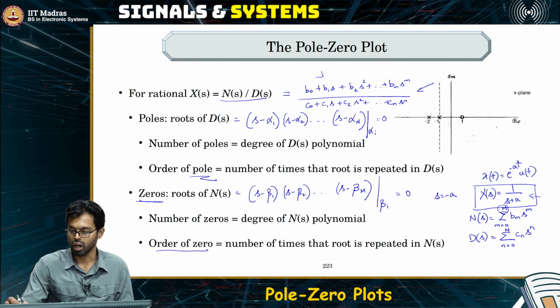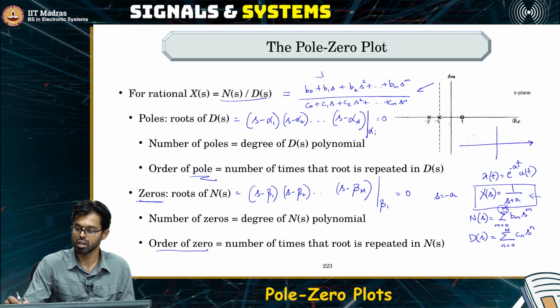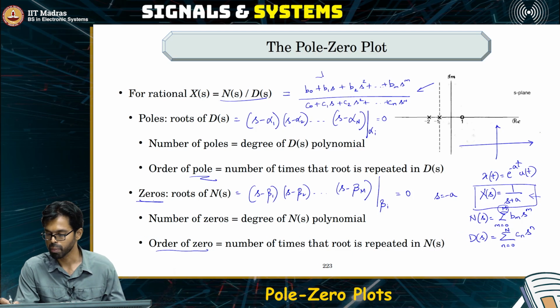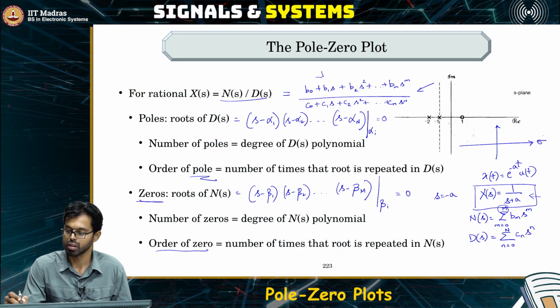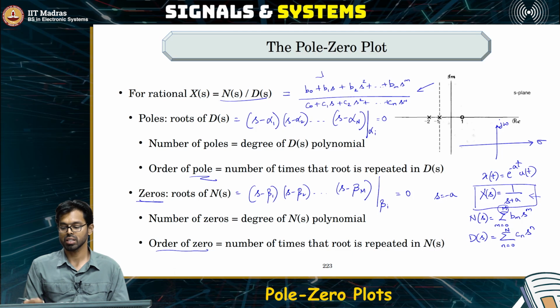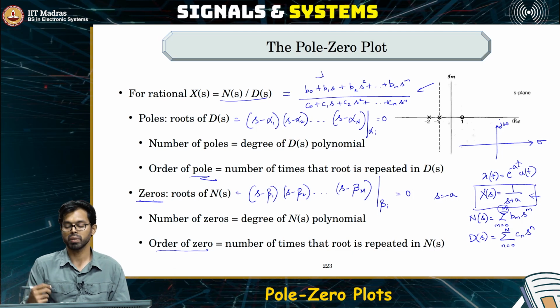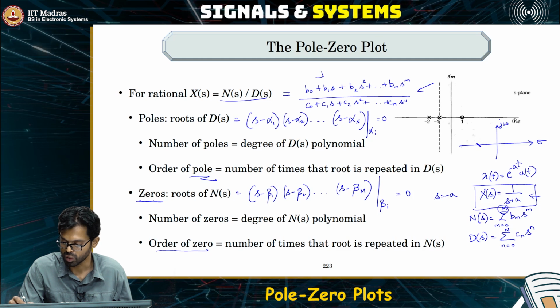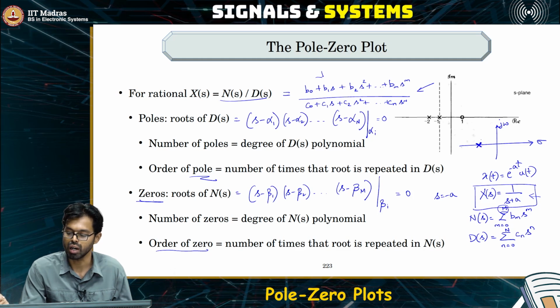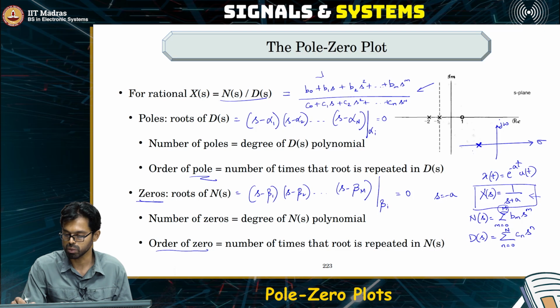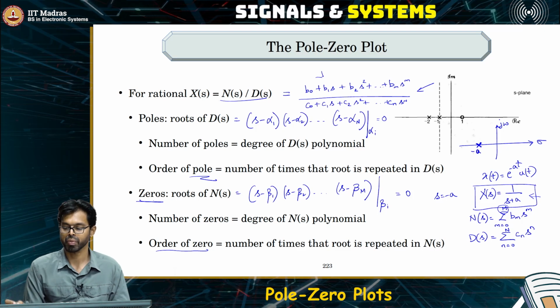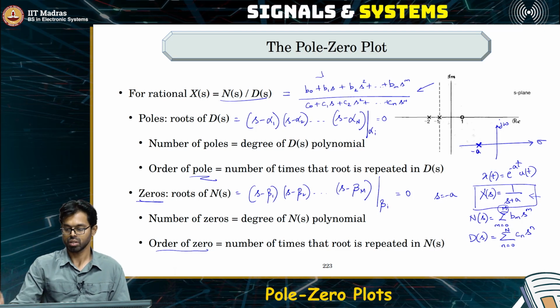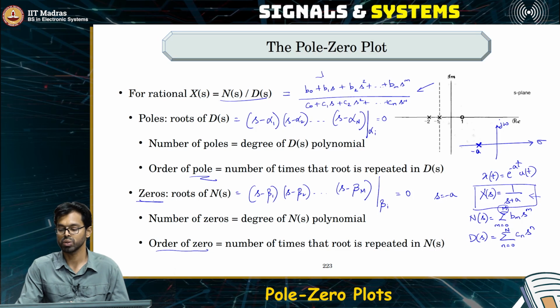So if we draw the ROC, so you just say there exists a pole at minus a. The representation for a pole is by drawing a cross. So at point s is equal to minus a, this Laplace transform goes to infinity.